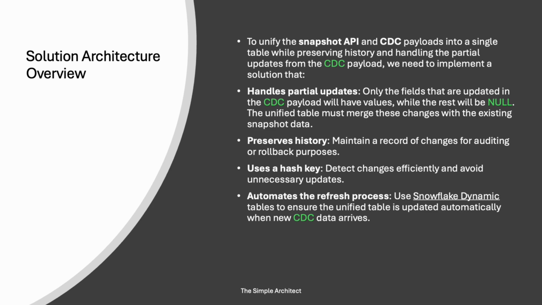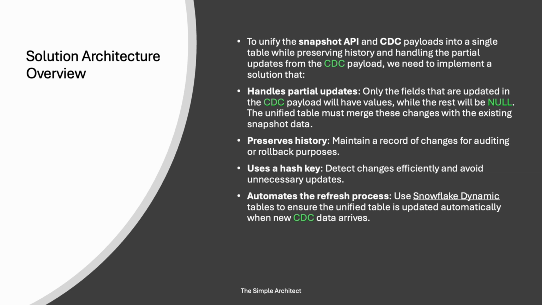Solutions architecture overview, continued. So this is a little bit more detail. To unify the snapshot API and the CDC payload into a single table while preserving history and handling the partial update from the CDC payload, we need to implement a solution that, number one, handles partial updates.